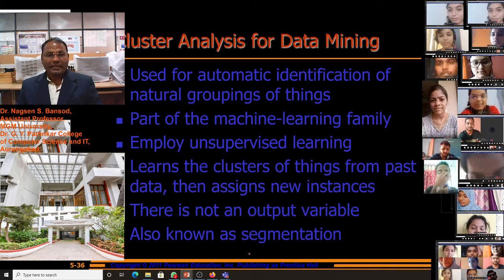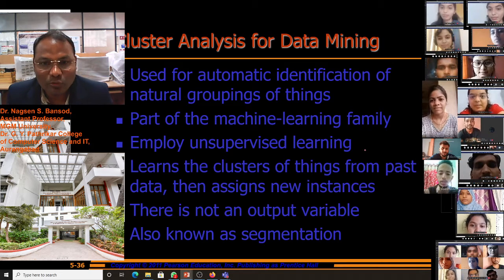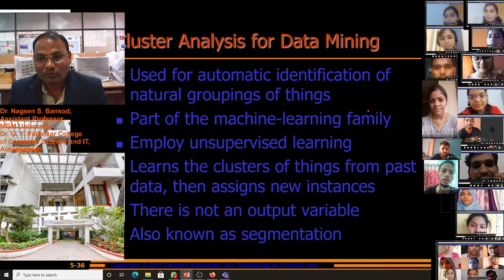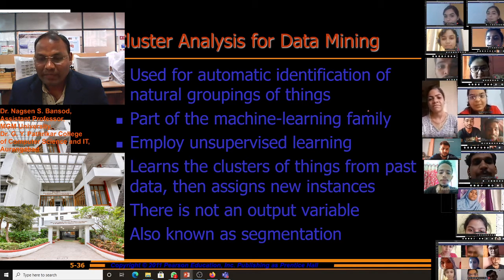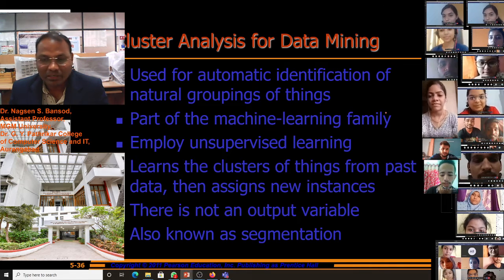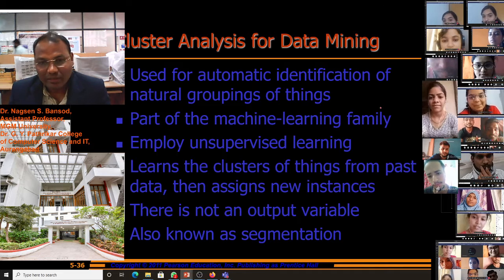And cluster analysis for data mining. For cluster analysis, we use it for automatic identification of natural grouping of things. Suppose we have spread data. In the last example we saw the temperatures of Aurangabad and Jalna, and we want to find using cluster analysis.